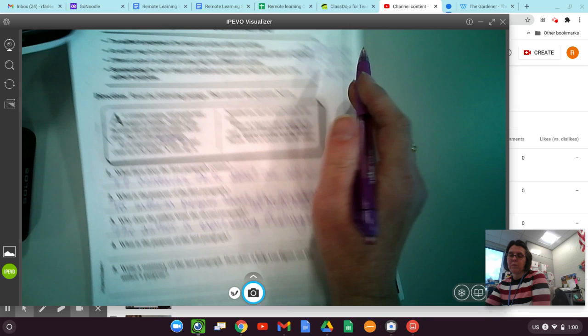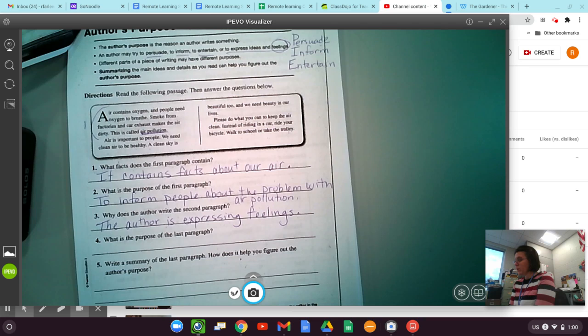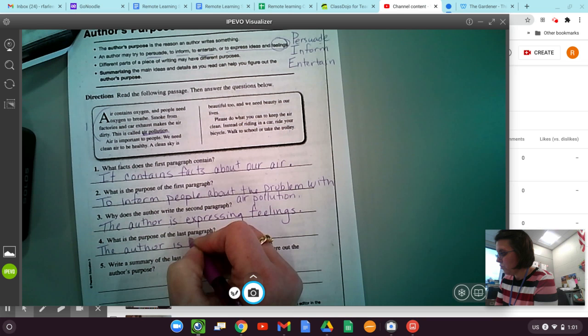He's trying to persuade you to not use a car, trying to keep clean air. So the author is trying to persuade to help keep the air clean.